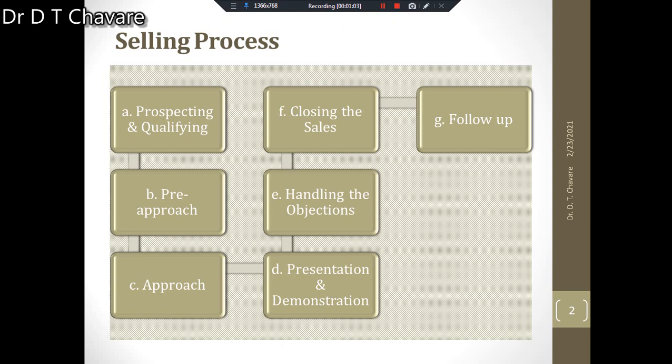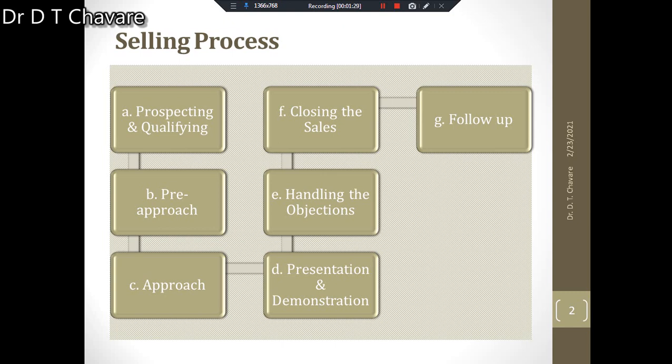While making the sales talks with the customer, the salesman should select the selling points in terms of the need to be satisfied. Those points should be explained in front of the customers.